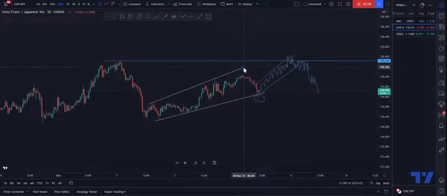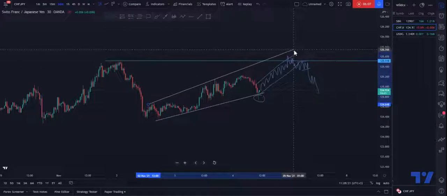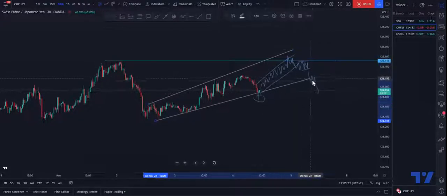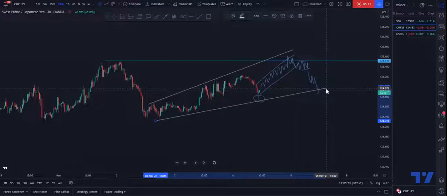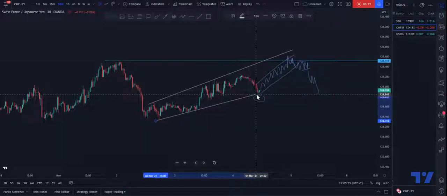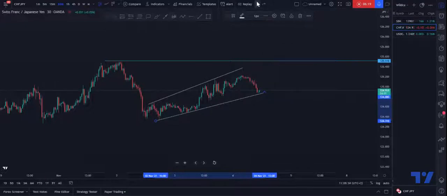I believe price will actually complete our structure as it is, giving us that beautiful, more confirmed expanding pattern. For now, I'm just going to remove all of this.